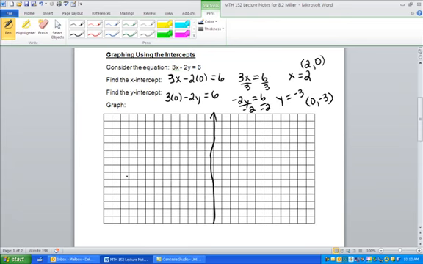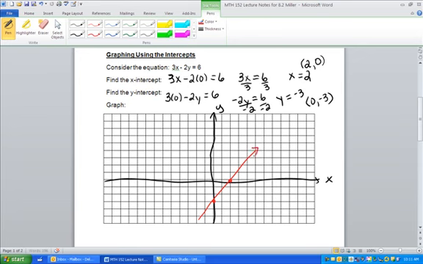My axis is a little bit crooked there, but remember we have our x and our y axes, and I want to plot the 2 points. Let's see if I can get a different color pen. Maybe we'll use red. 2, 0 is over 2 and up 0, and 0, negative 3 would be 0 and down 3.